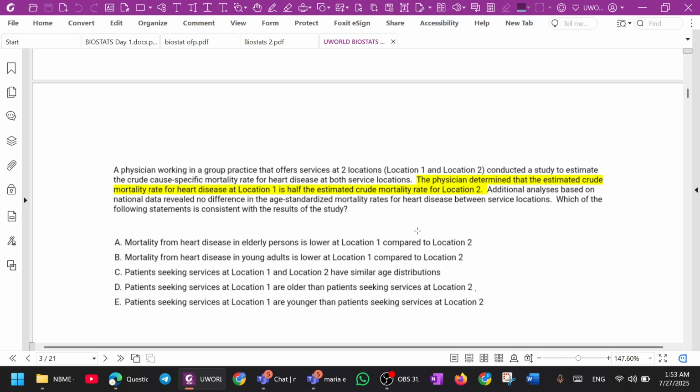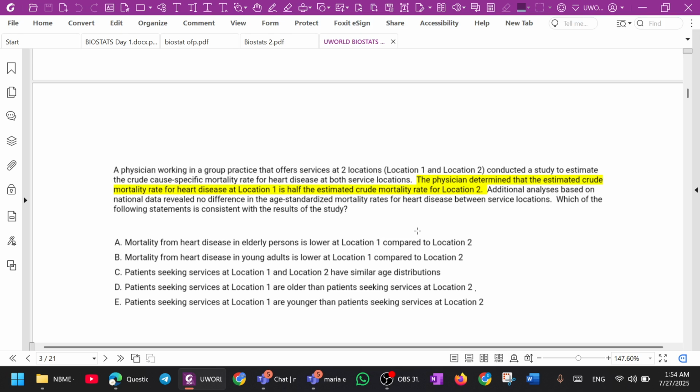A physician working in a group practice that offers services at two locations, location 1 and location 2, conducted a study to estimate the crude cause specific mortality rate for heart disease at both service locations. The physician determined that the estimated crude mortality rate for heart disease at location 1 is half the estimated crude mortality rate at location 2.